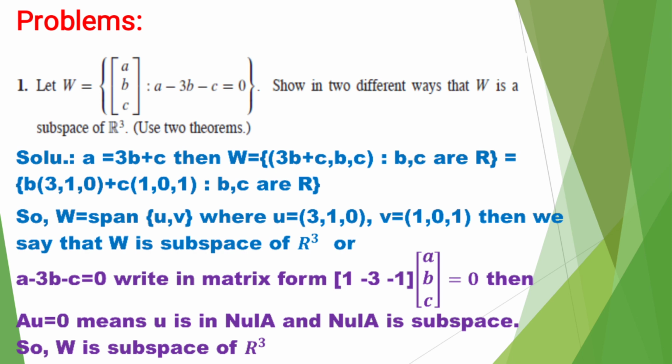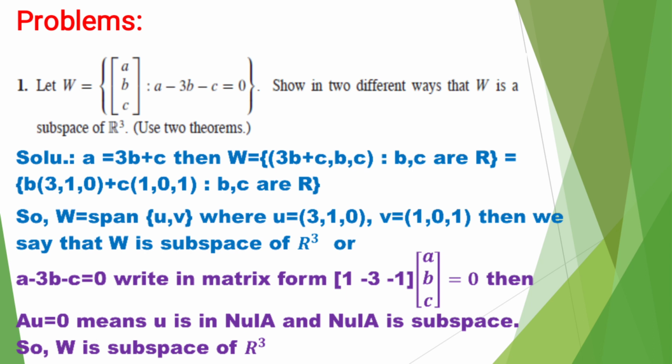For the first way, the elements of W are of the form (A, B, C), with the condition A minus 3B minus C equals 0. From this we write A equals 3B plus C. So we write the vector (A, B, C) as (3B plus C, B, C). Here B and C are real numbers.